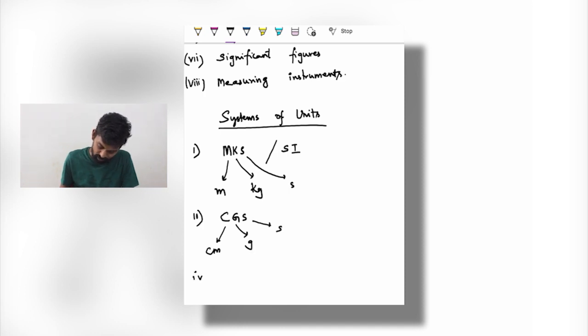Then you have FPS system, foot, pound and second. So these are the different systems with multiple conversions between them.